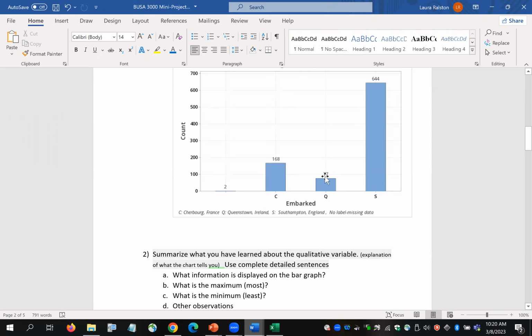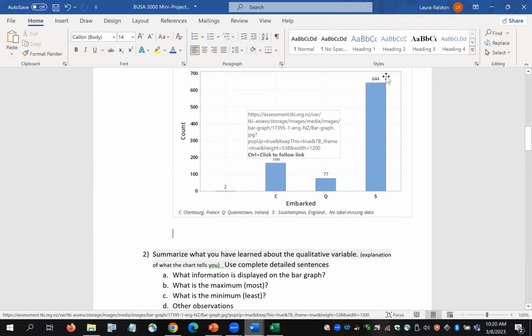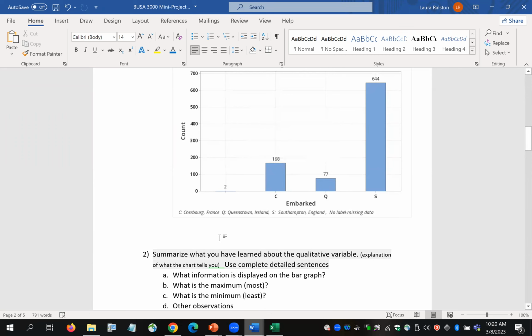Q was 77 and S was 644. Now I could probably add those together and get my sample size too. But anyways, now I want to do my explanation.